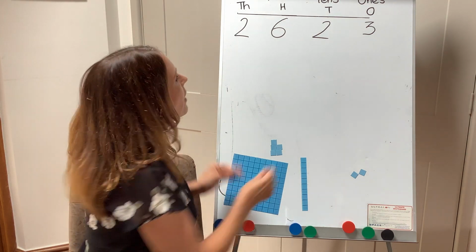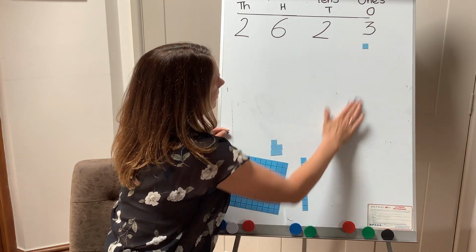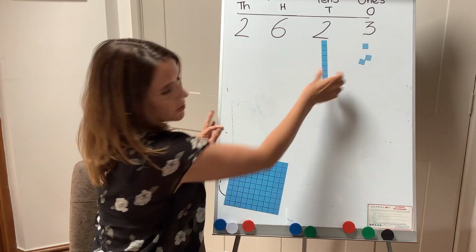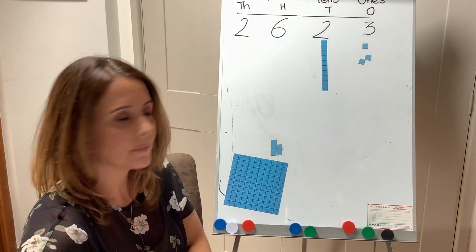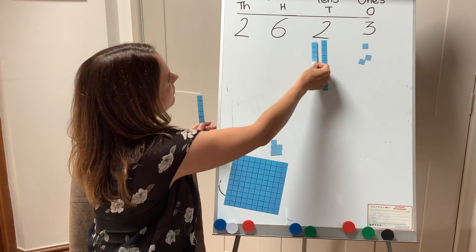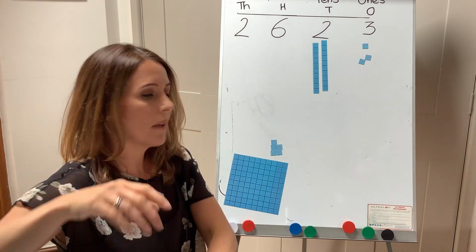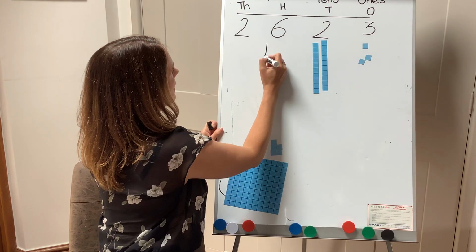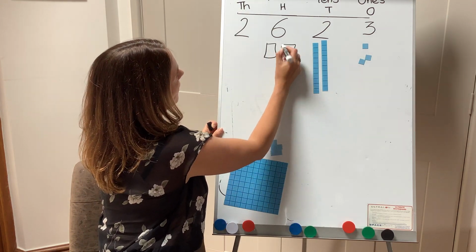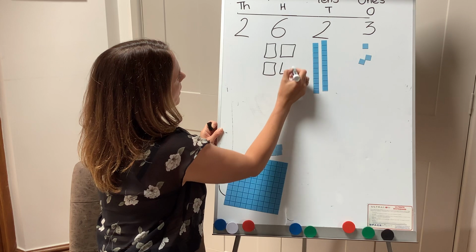Okay, so you'd have 3 ones, you would have 2 tens, you would have, and I'm going to draw these just to save space on my whiteboard, 6 of the hundreds.